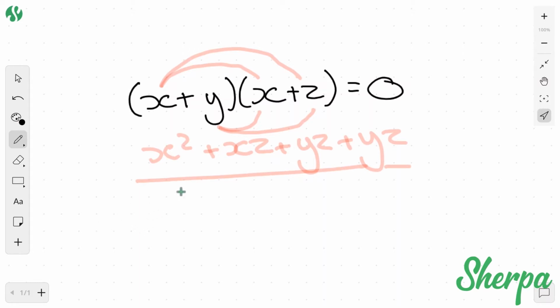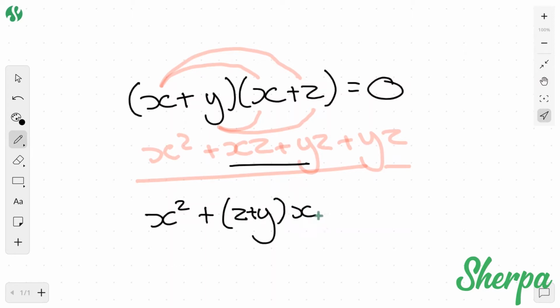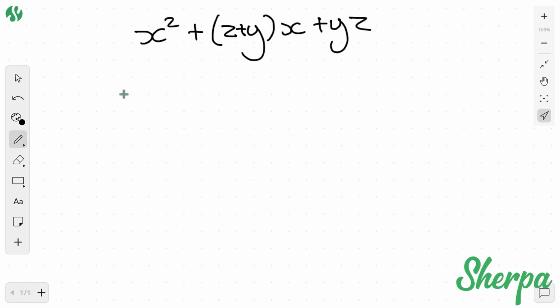So, if we look at these two numbers here, we can actually simplify them down to z plus y in brackets x, and we've got a very familiar formula here. Looking at our original quadratic formula, we've got ax squared.